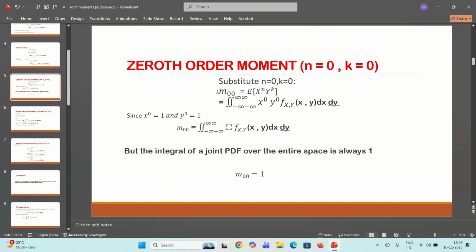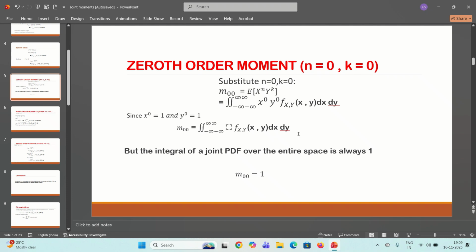That is m_00 equals expectation of x power n and y power k, represented as double integral from minus infinity to infinity of x power 0 y power 0 along with the joint density function. Since x power 0 equals 1 and y power 0 equals 1, m_00 equals double integral from minus infinity to infinity of f_X,Y of x comma y dx dy.